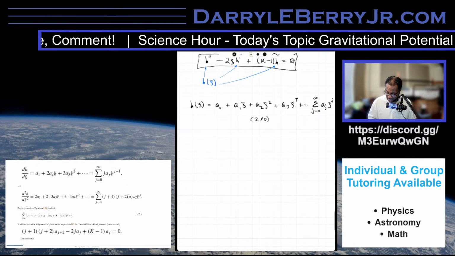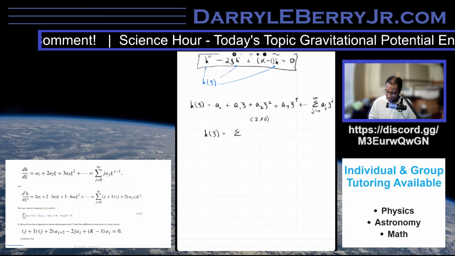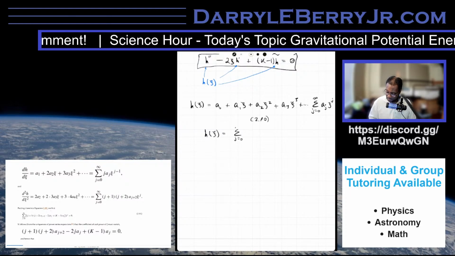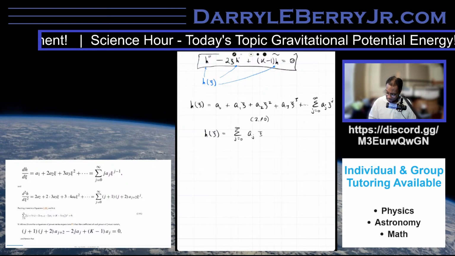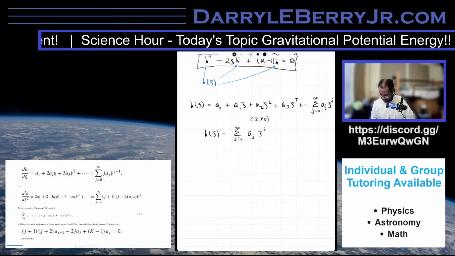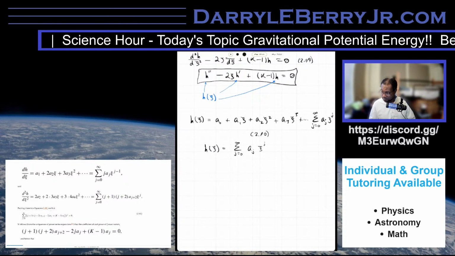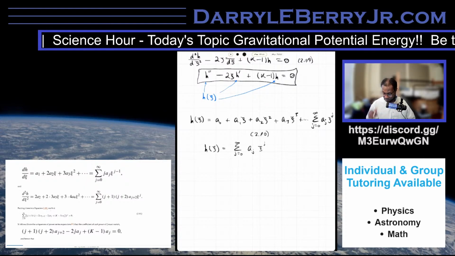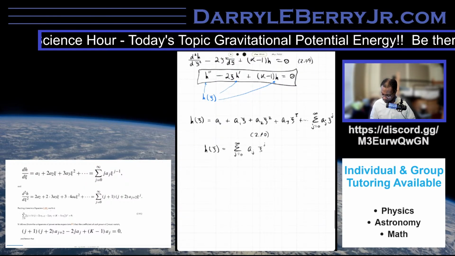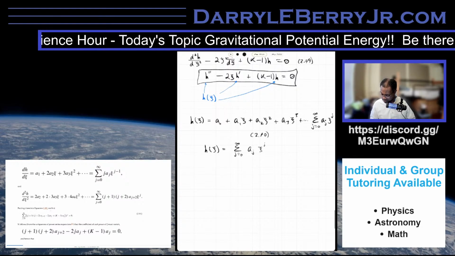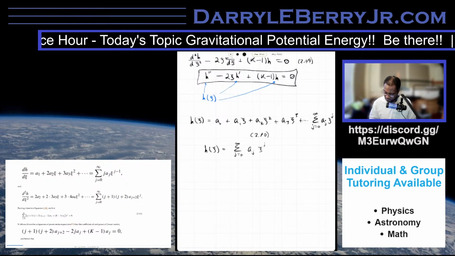So we write this, H equals the sum, and take the derivative with respect to j.